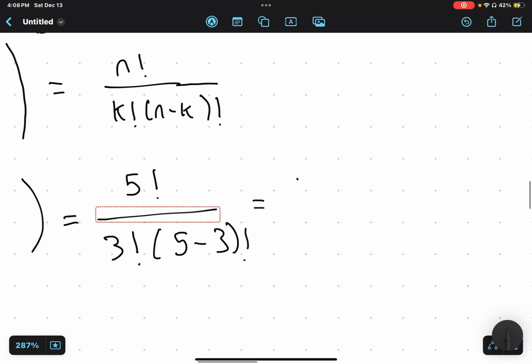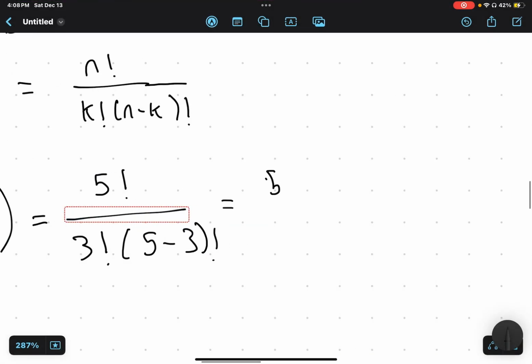What does this equal? Well, the numerator equals 5 times 4 times 3 times 2 times 1. Very easy, just 5, 4, 3, 2, 1. And then, as you can guess from the numerator, our denominator is separated here.